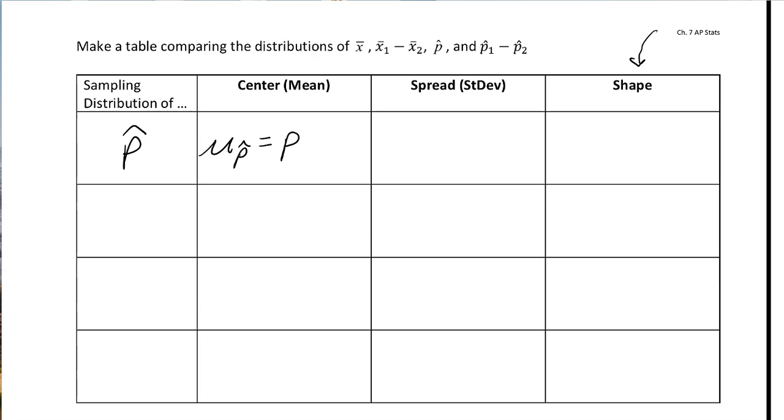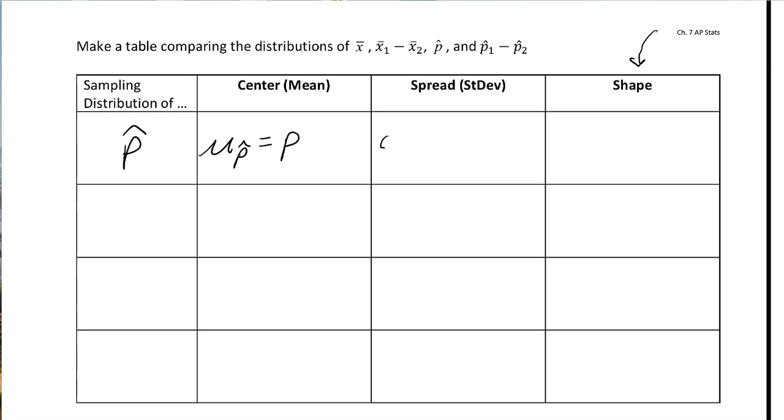So if 20% of all Americans like the color green and you took a random sample, you're not going to get 20% every time. But on average, if you take all of those sample proportions that you possibly could get, then on average that will equal the 20% in the population.